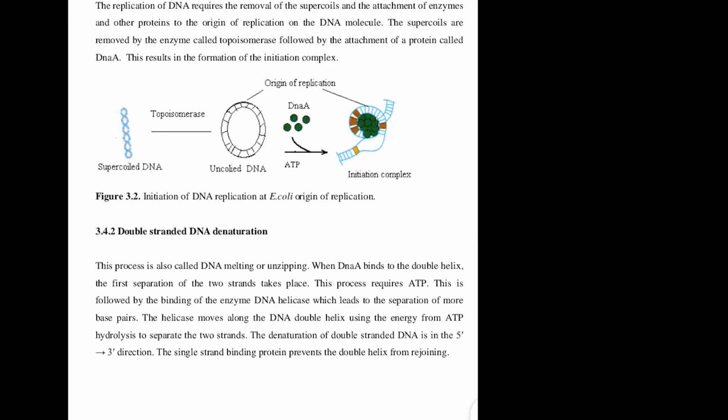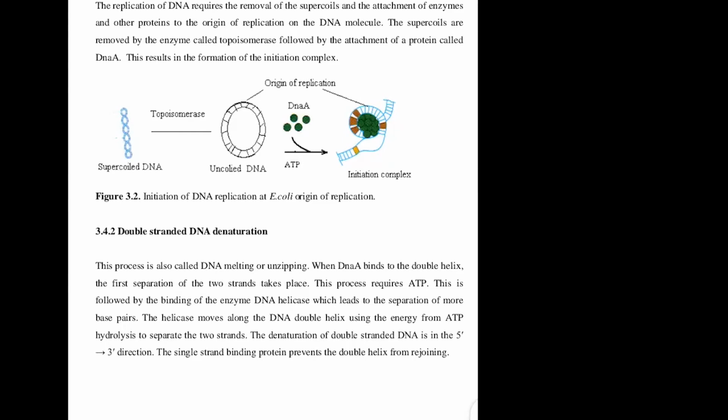So this results in the formation of what we call the initiation complex, the point where initiation is going to start from. As you can see, the demonstration there of the supercoiled DNA, then the topoisomerase enzyme comes to act on it, then it will uncoil that DNA. It will remove the supercoils.